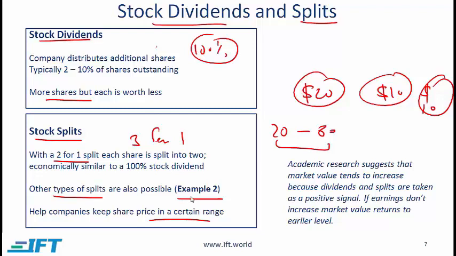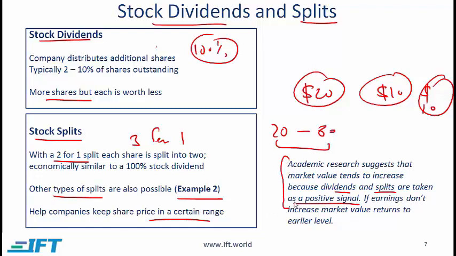What I have discussed here implies that the economic reality does not change when a stock is split, and that in principle is true. However, academic research suggests that market values tend to increase because dividends and splits are taken as a positive signal.